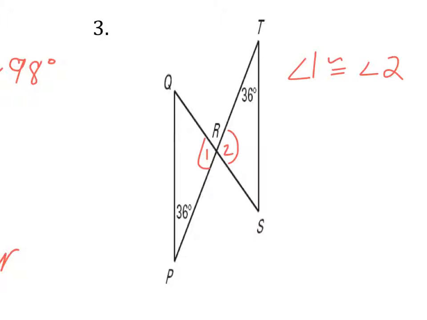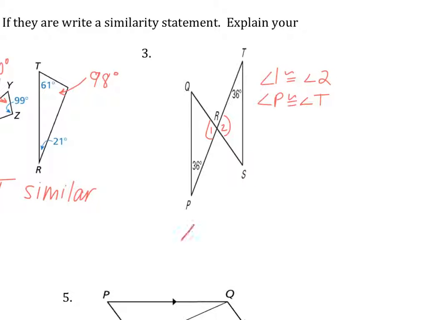You also have P and T. So that's enough information. You have two. Angle similarity says these two triangles are similar. So triangle QRP is similar to triangle SRT.